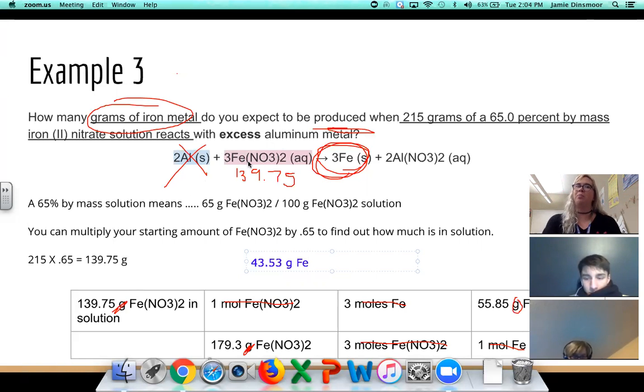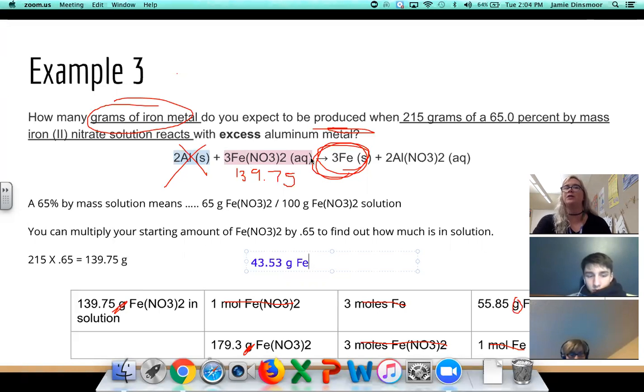Whereas if this was bonded as a solid, it might react under certain situations, but until we break it into ions, nothing's going to happen. So anytime something's in a solution, you should immediately think ions. That means those molecules are now charged, they're floating around in water, and they're able to interact.